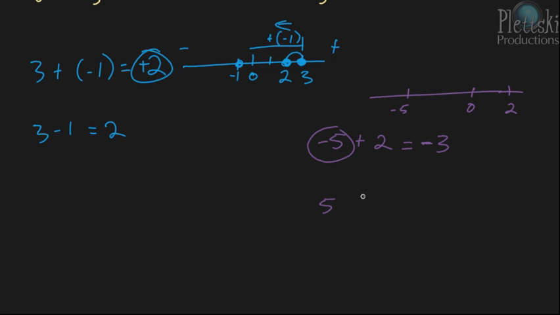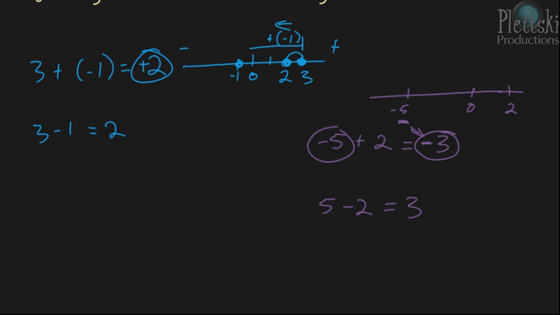And you take the difference of that and the absolute value of 2, which is 2. So you do 5 minus 2, and you get 3. But since the absolute value of 5 is larger than the absolute value of 2, remember, it's farther away from 0, your answer is going to take on that sign. So it's going to be a negative answer. And that's how we get -3.